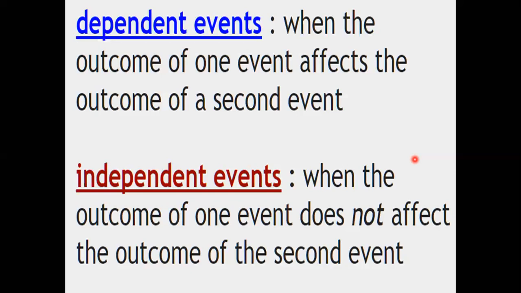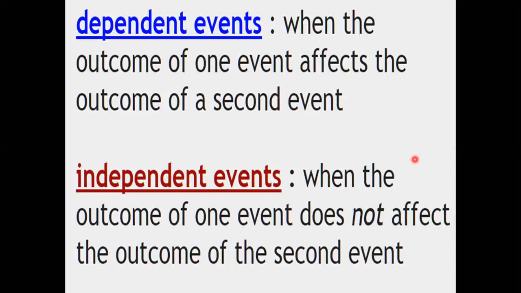We also have such events as independent events like rolling two dice, tossing two coins. Now, if we talk about tossing two coins, the outcome on a particular coin does not determine the outcome on the second coin.